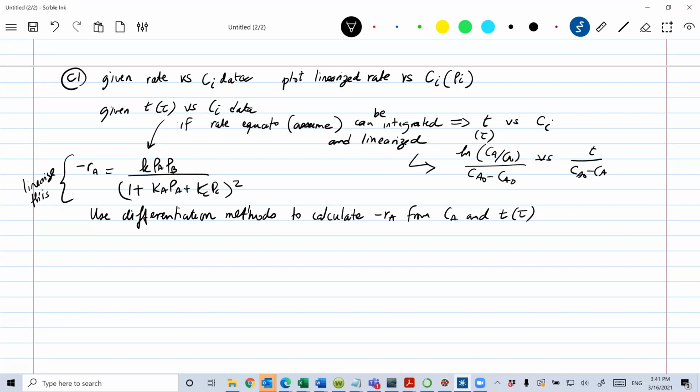Let's get a bit more advanced. We're almost there. Now we're going to start looking at evaluating rate expressions. This is what I would call working sideways or working backwards.